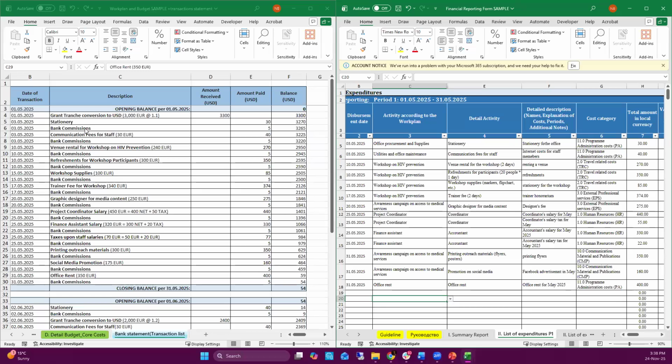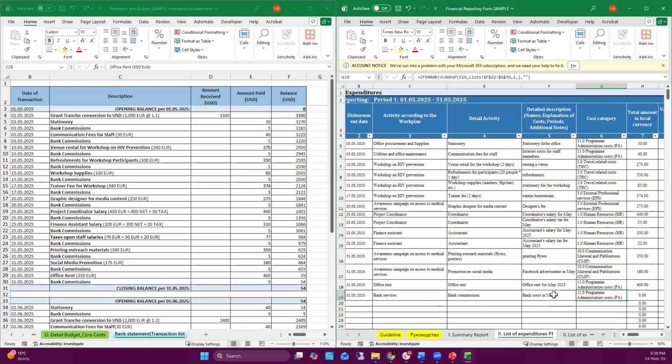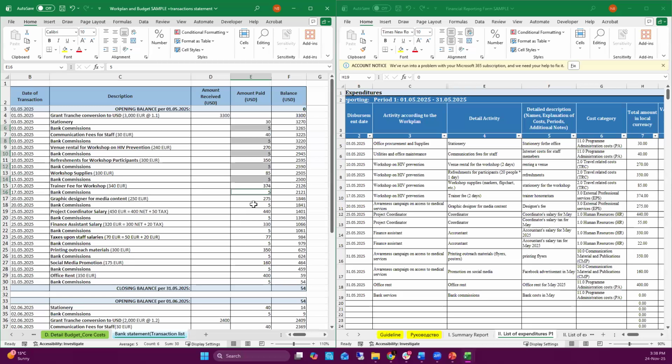You can enter each of the commissions one by one. It's not forbidden, but in order to save your time, I suggest you just enter them cumulatively by the end of the period: bank costs in May. And we just calculate how much bank costs were in sum.